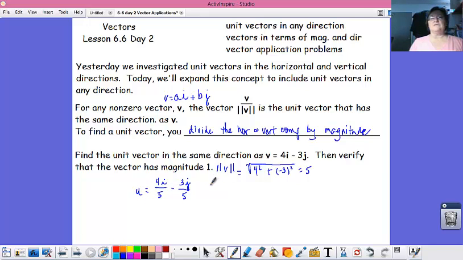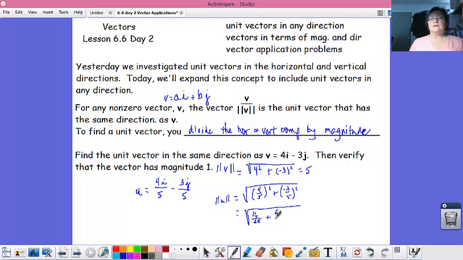It says that we should verify that this has magnitude 1. We can do that quickly because the magnitude of this unit vector is the square root of its components squared and added. So 4/5 squared plus negative 3/5 squared. If we do the math there, 4 squared is 16 over 25, you square top and bottom.